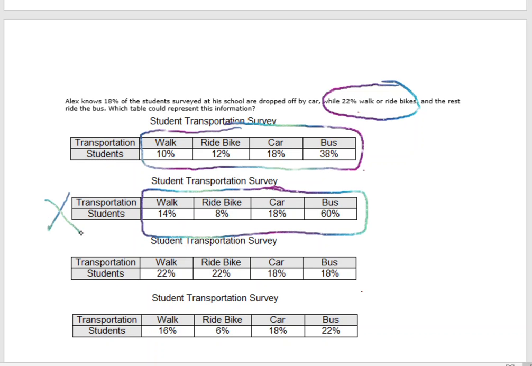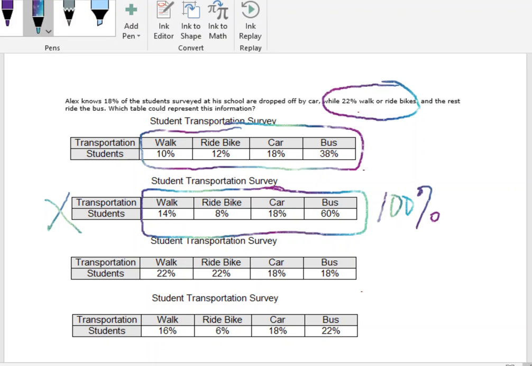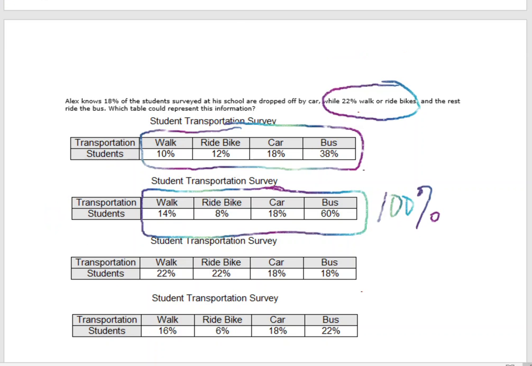So when we add all four categories, we should get a total of 100. So this is the option where 14 plus 8 is 22. 22 plus 18 is 40. 40 plus 60 is 100. Maybe that one is the correct option because that one adds up to 100%.